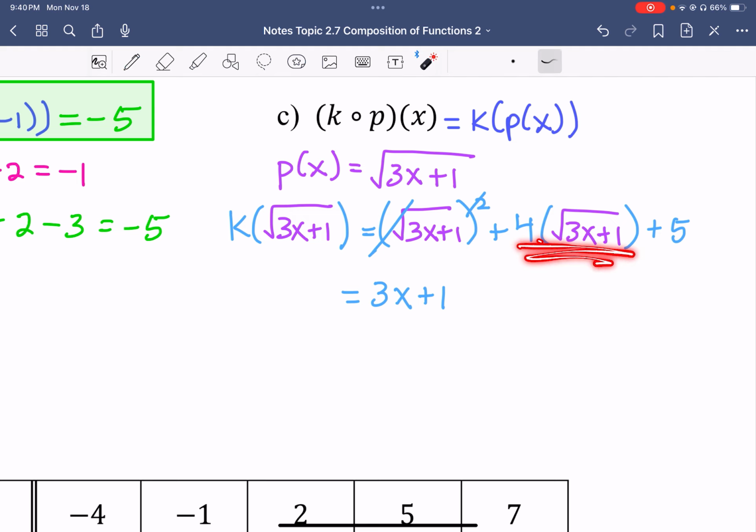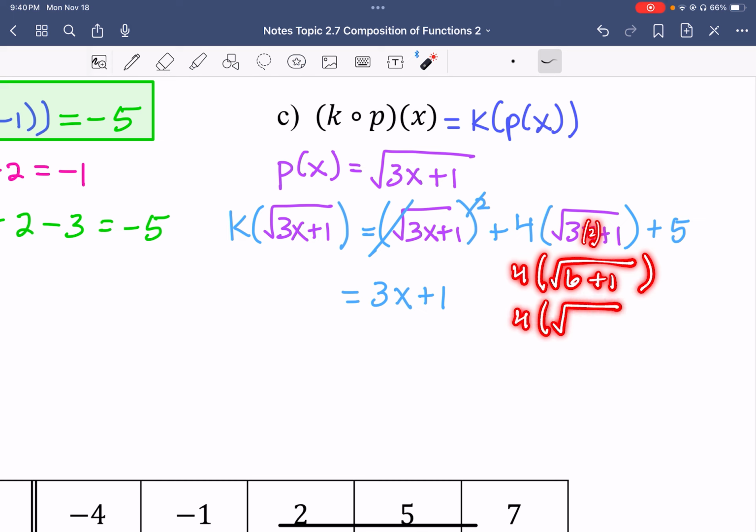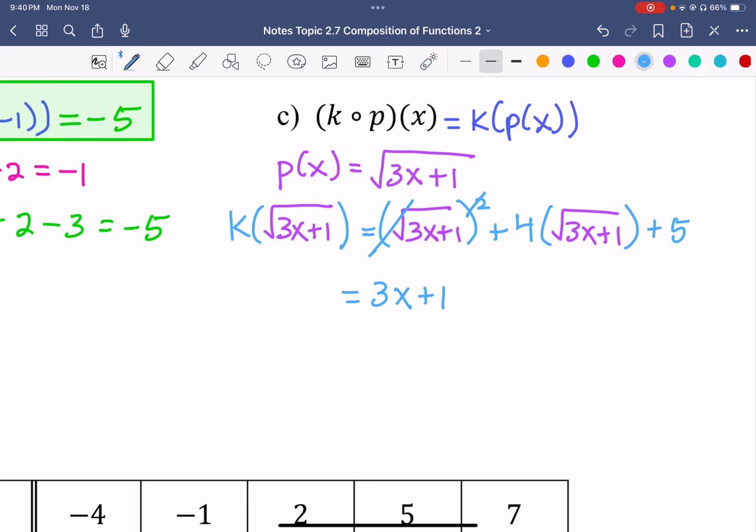Now these I cannot multiply, I cannot distribute this into the square root, because if you follow PEMDAS, let's say just for example x is 2 and you plug in 2, you would first do 4 times the square root of 6 plus 1, and then you would do 4 times the square root of 7, and then you would figure out what the square root of 7 is, and then finally you would multiply it by 4. So the very last step is to distribute that 4 on the outside.